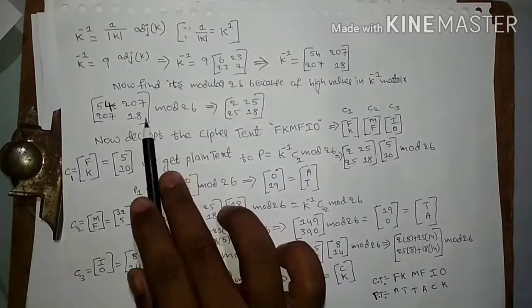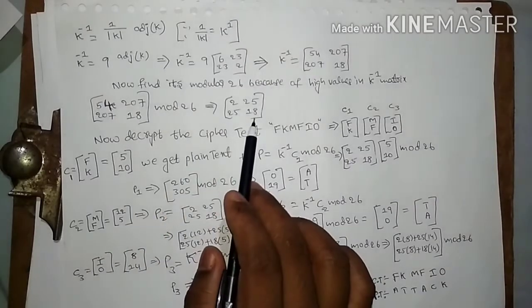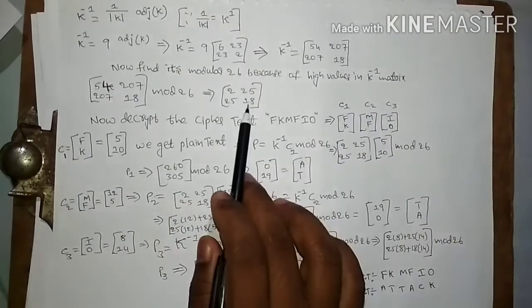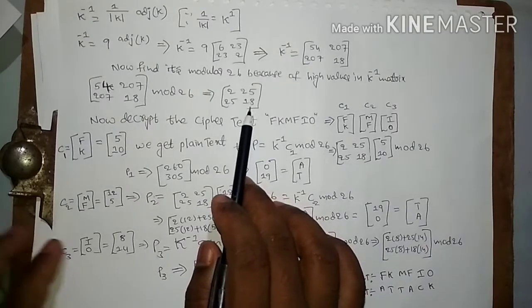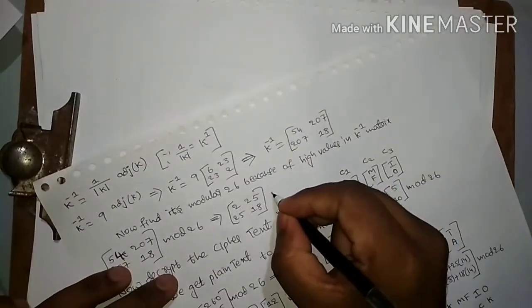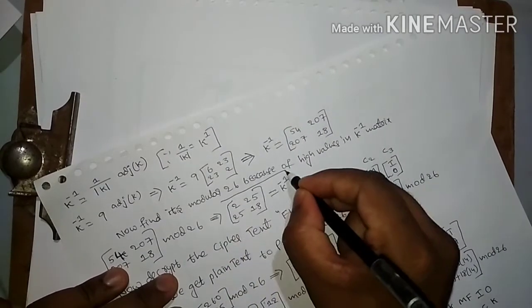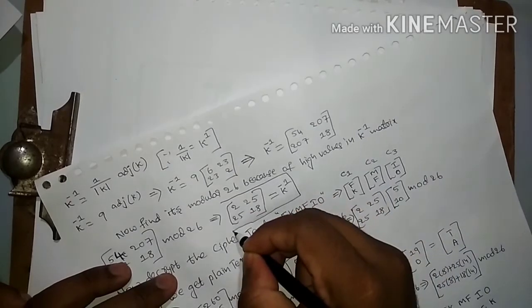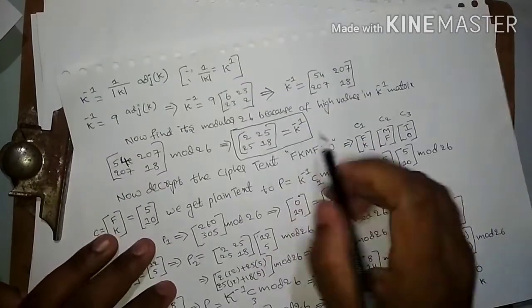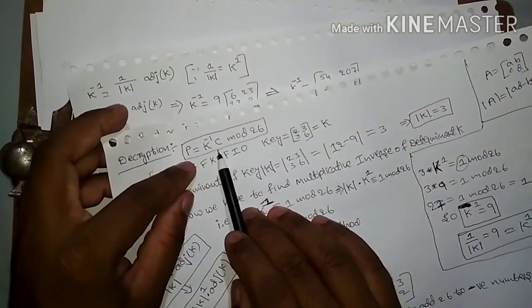After getting 207 mod 26 we will get 25. 18 mod 26 gives 18. This is the k inverse. Finally we derived the k inverse value. So the formula is k inverse into C mod 26.